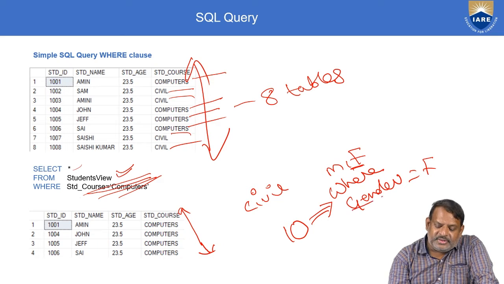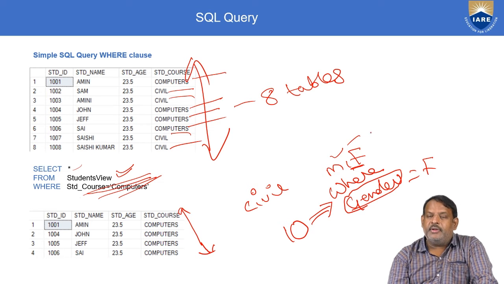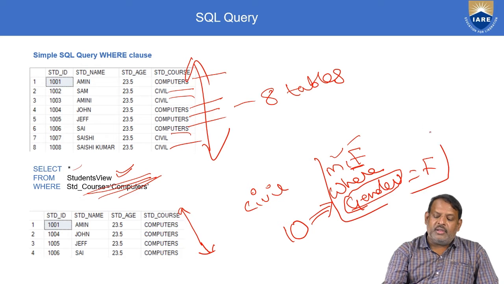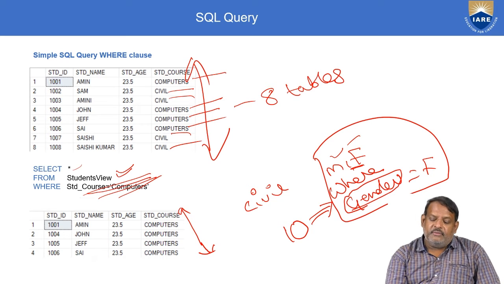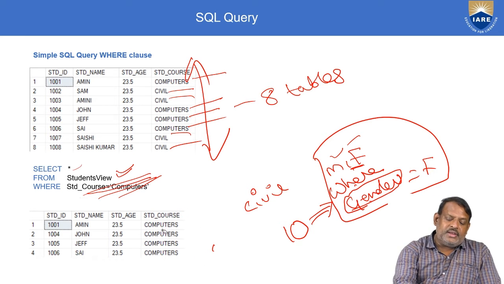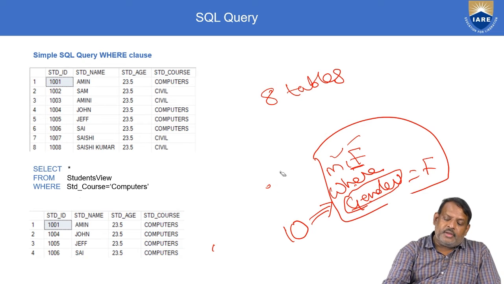Here, gender is a column in the table for which the values are M and F. Suppose I don't mention this where clause, I'll get all the students, both female and male. But here, I want only female students, so I have to say where gender is equal to female. So the where clause is used to filter the data based on the condition.